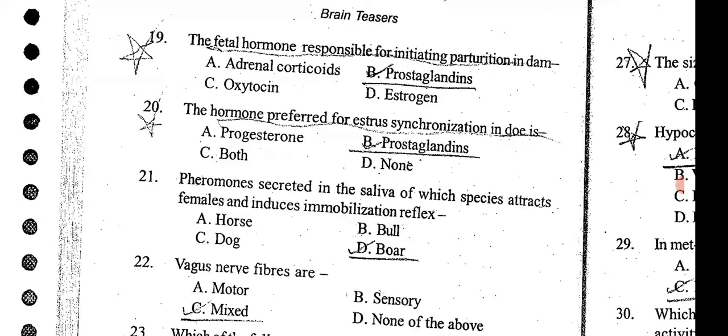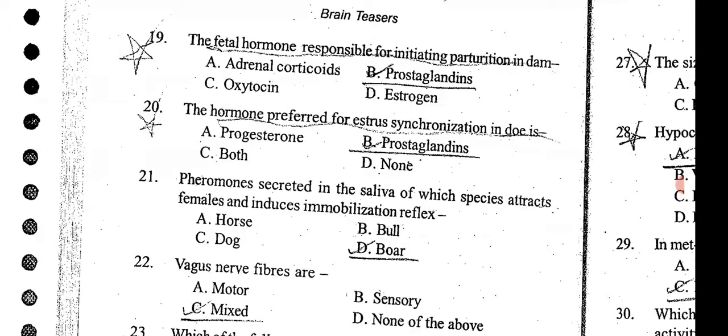It is available in Pakistan as Cyclomate. Prostaglandin is available as Cyclomate, and GnRH is available as Conceptal. The fetal hormone prostaglandin is responsible for initiating parturition, and it is used in estrus synchronization.